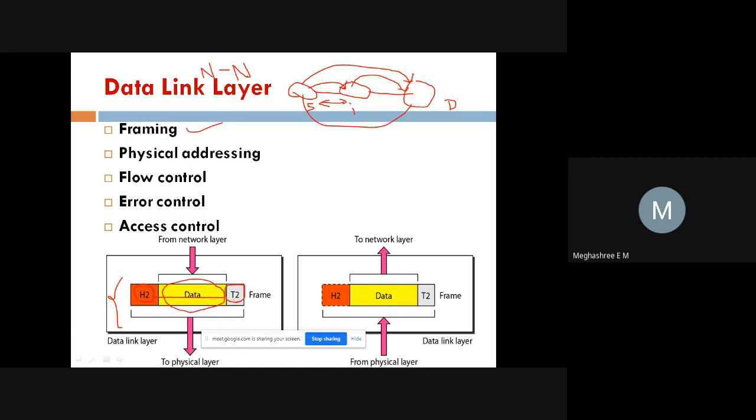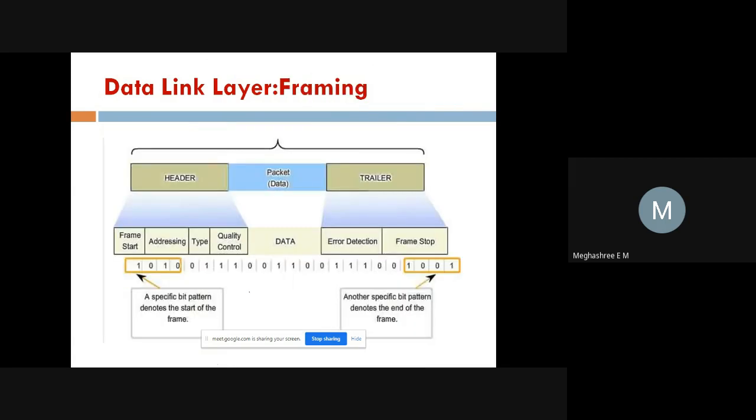Adding additional bits of data to the data received from the network layer is called framing. So that addition is nothing but adding header and trailer. In the diagram, for the data, header and trailer are added, which are certain additional bits.